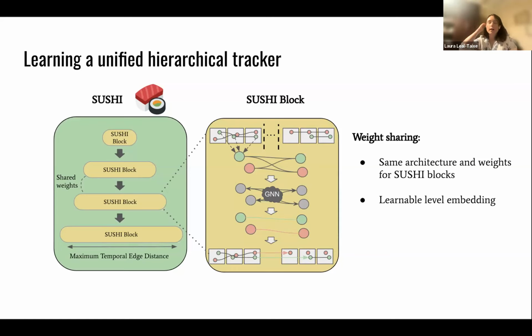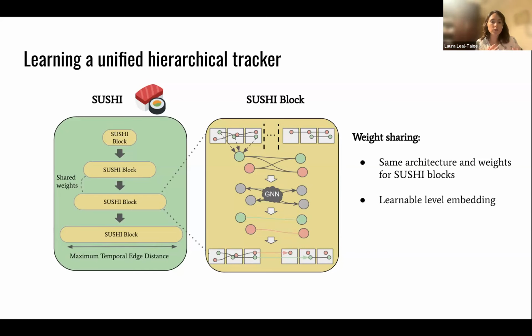So intuitively, when I think about short-term association, I'm going to look more at position, right? So objects don't just fly from one part of the image to the other, but they move rather slowly from frame to frame. So position is a very strong indicator for short-term association. For long-term association, on the other hand, the object has been occluded for a while. It could be anywhere, right?